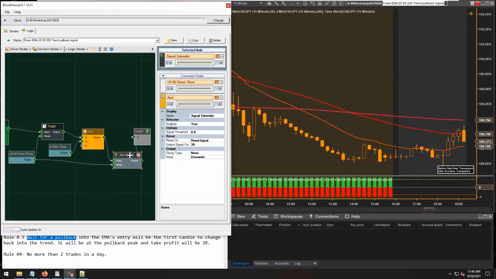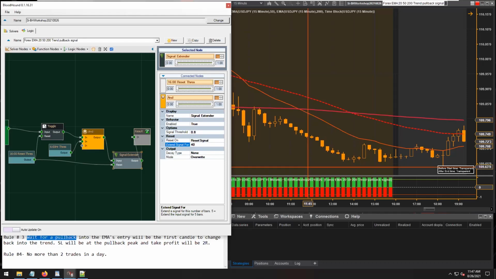So I'm going to go back to the signal extender, and I had a feeling that the number of bars should be in multiples of 4, right? Because there's 4 15-minute bars per hour. So there we go.